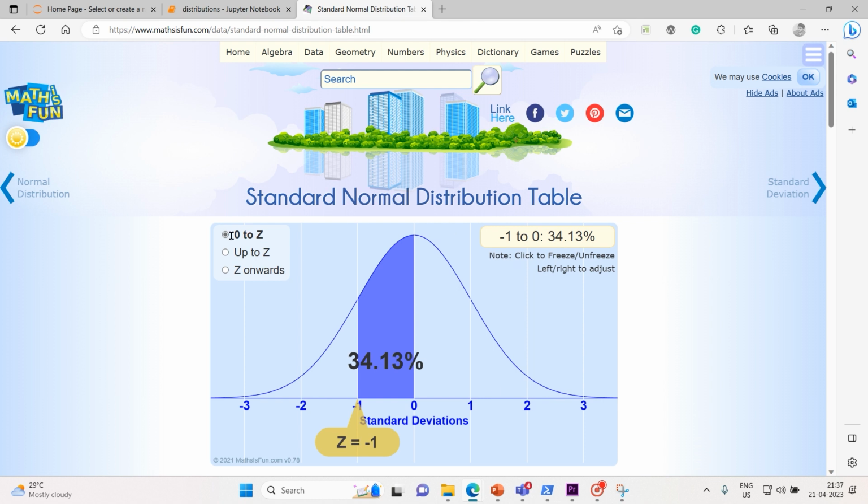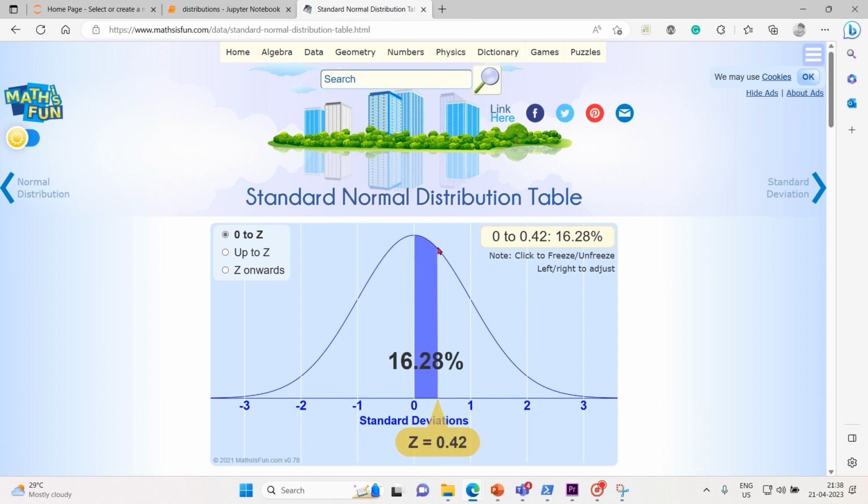Okay, so now let me put from 0 to Z. I want to see from 0 to Z, either the positive side or the negative side. I'll go from 0 to Z on the positive side. You see that 26.73% of probability, and if your Z score is exactly 1, it is 34.13% probability of happening.